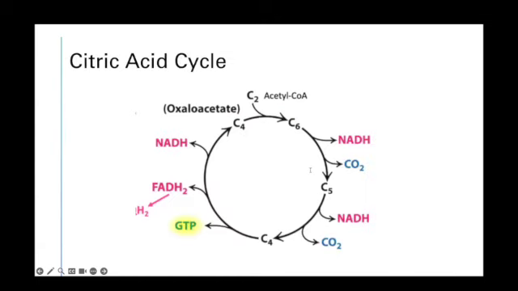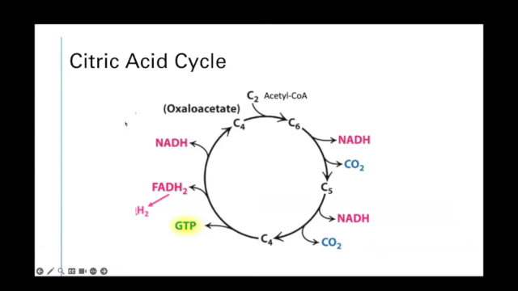All right, and then we move on to the citric acid cycle, and we have a lot more fun reactions. To be specific, we have a set of 8 reactions in which the acetyl group is condensed with oxaloacetate, a C4 molecule, and we yield a C6 molecule because our acetyl-CoA is a C2.